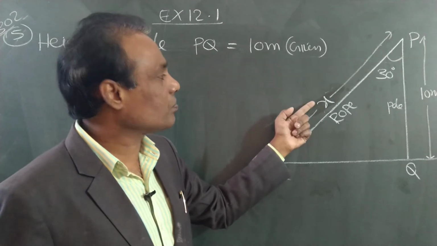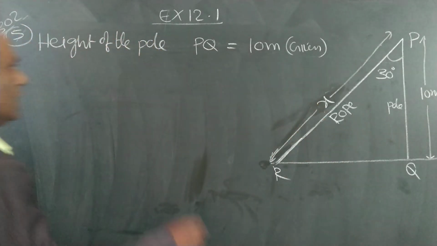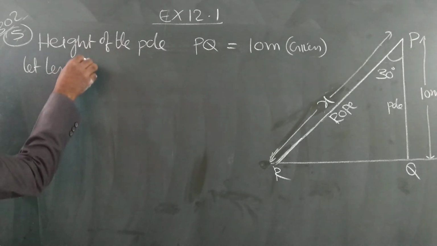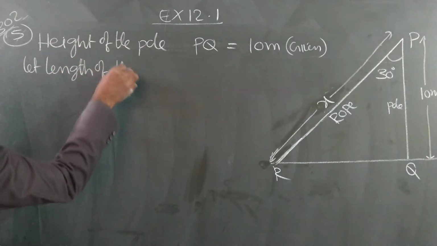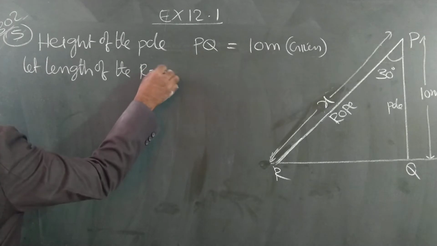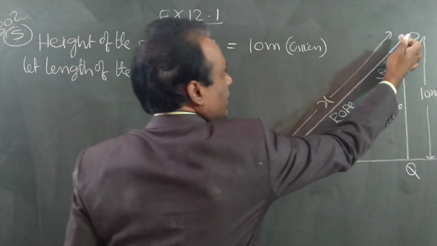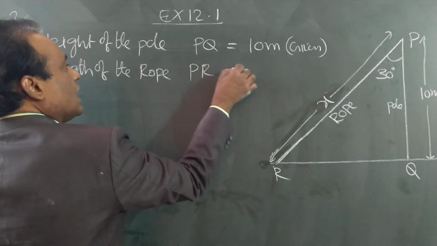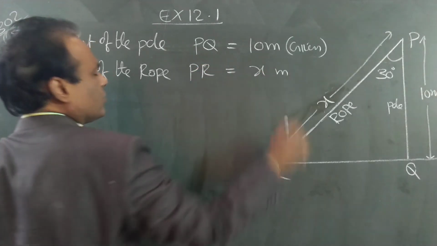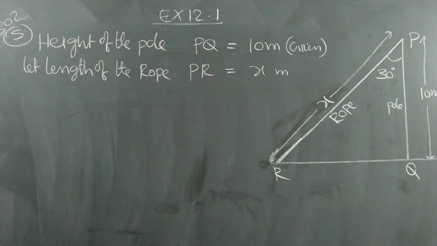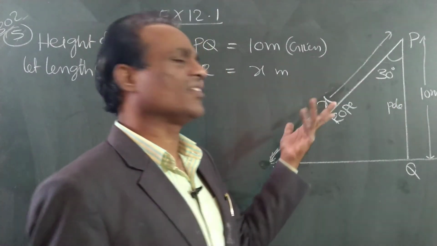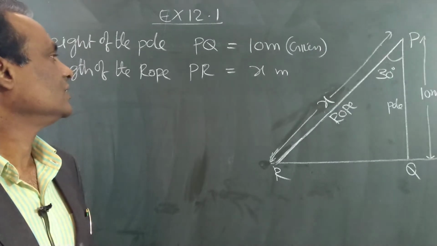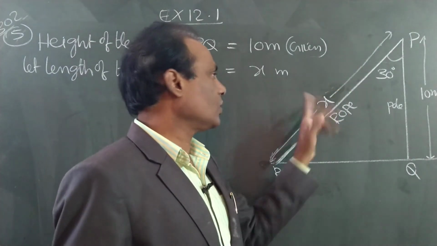Let the length of the rope be X. What is the rope here? PR is the rope. I am taking it as X meters, because if this is in meters, we will get the answer also in meters. So length of the rope is equal to X.